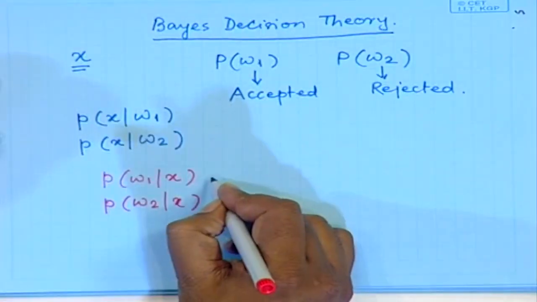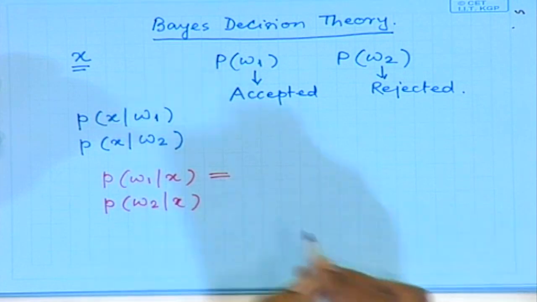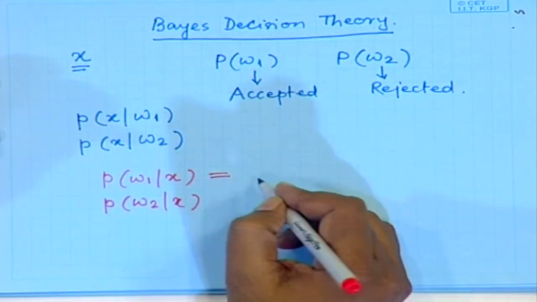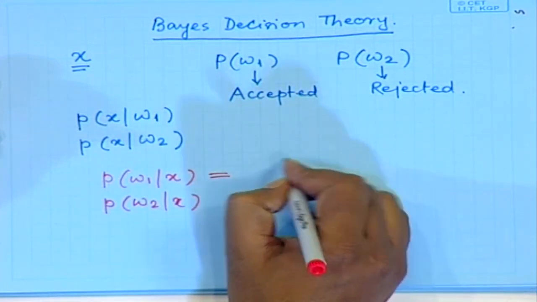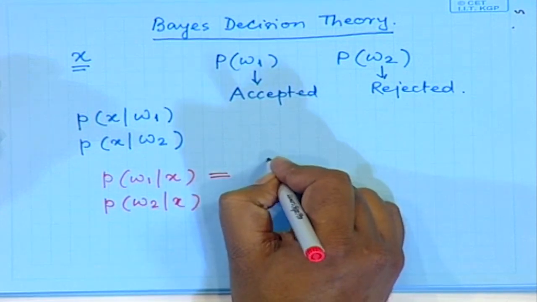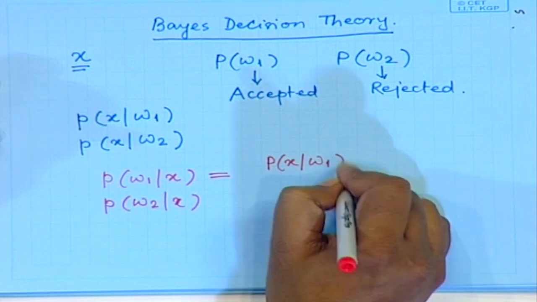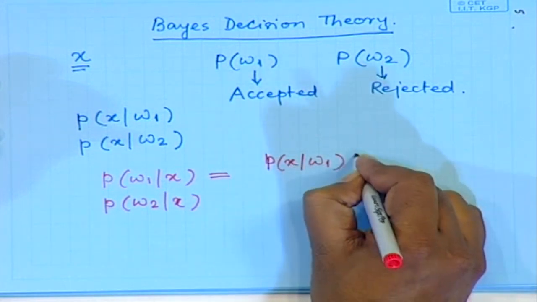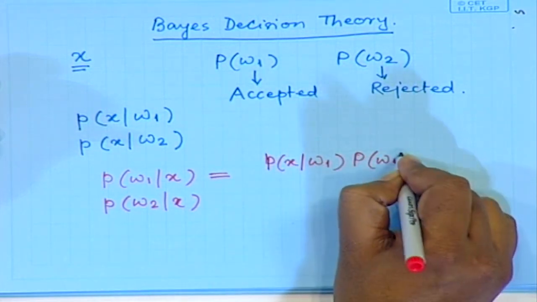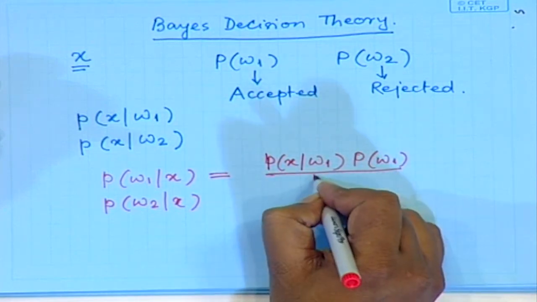Here, p of omega 1 given x, we have said from Bayes rule, is nothing but p of x given omega 1 into p of omega 1 upon p of x.